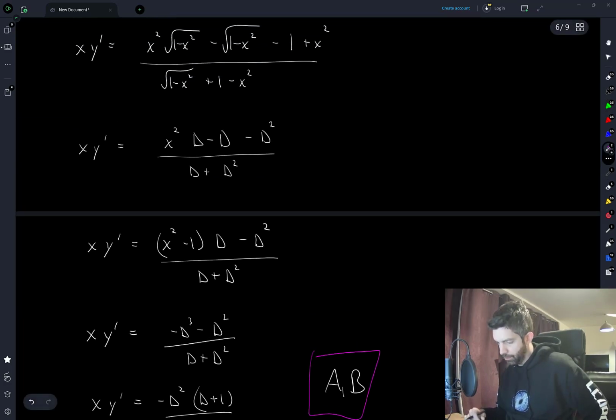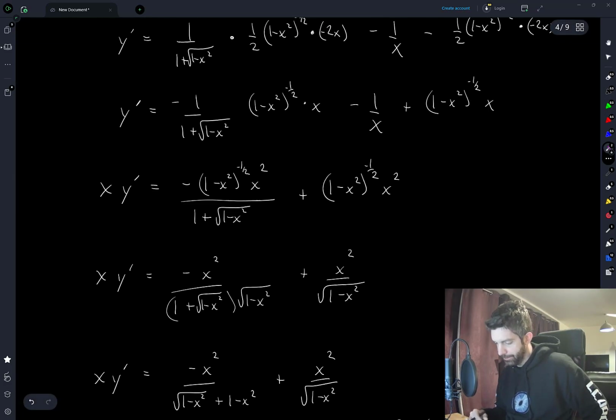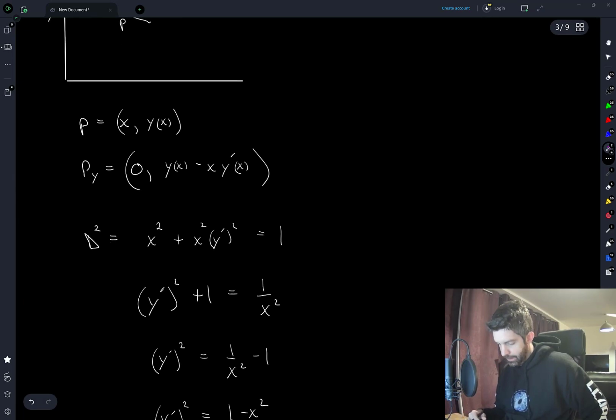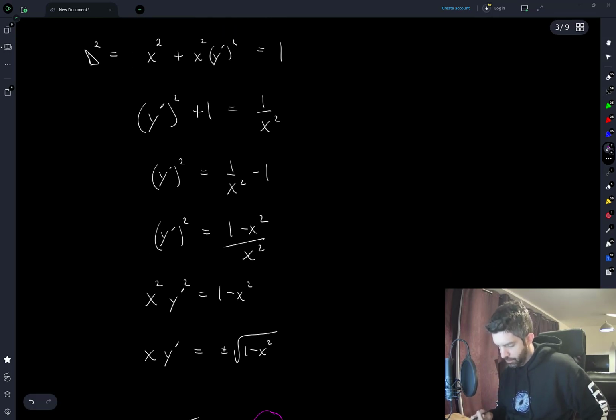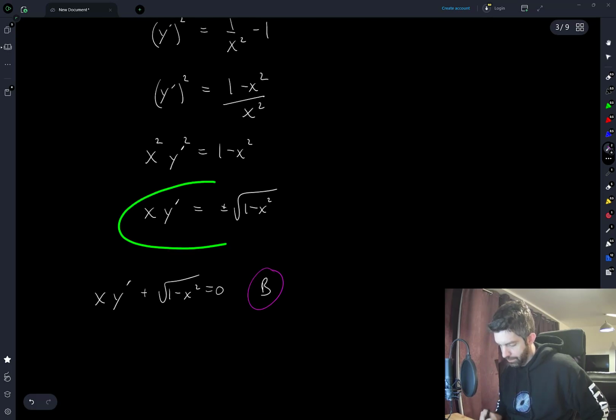So let me recap everything I ended up doing here. I wrote down the relationship between P and Py in terms of y prime and all that. Ended up doing some rearrangements, and I ended up with this.